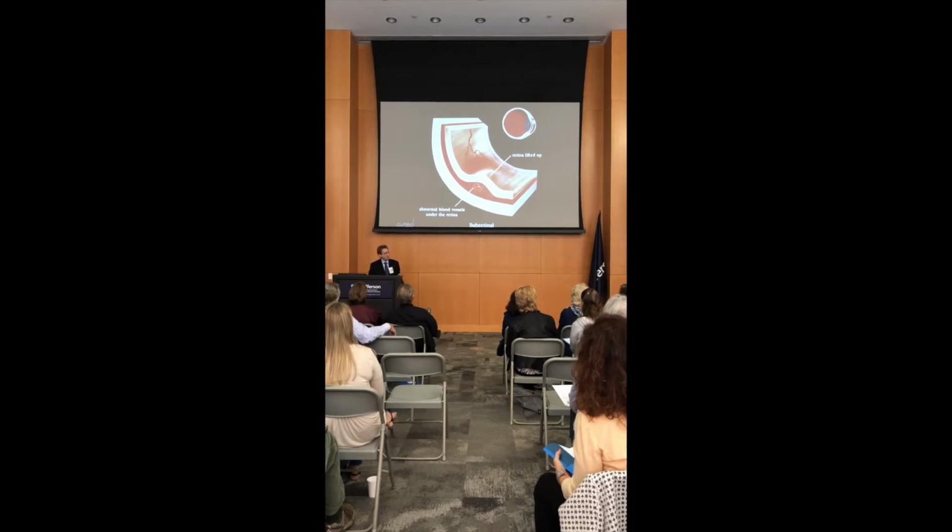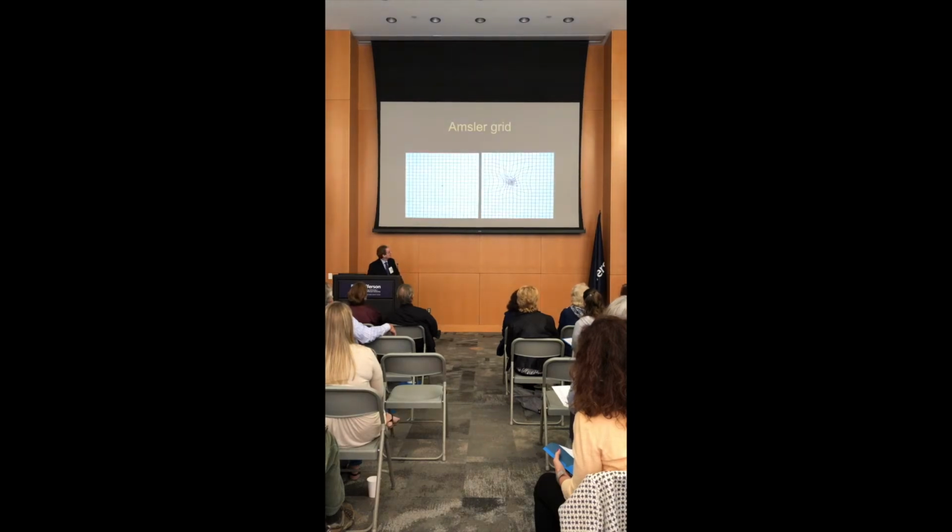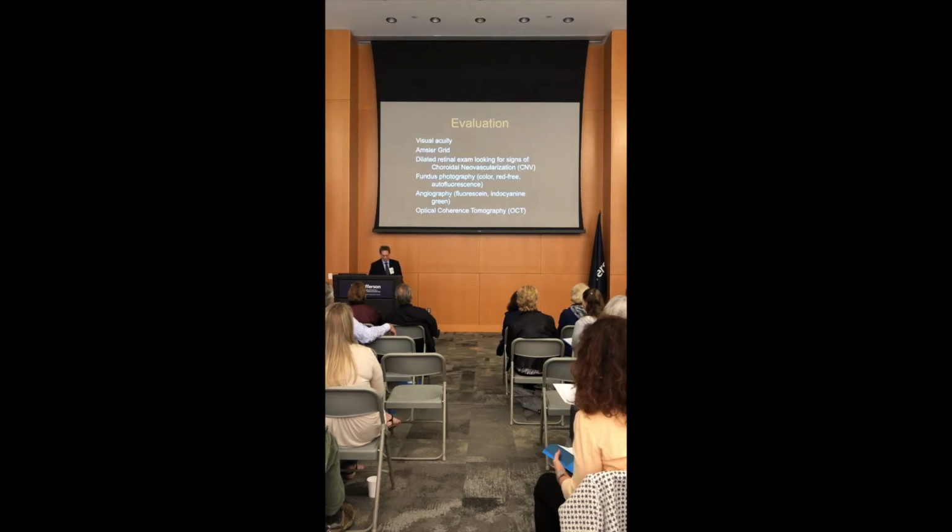And when they leak, the retina becomes swollen and elevated, and the patient experiences distortion of the vision or blurry vision. That's an early sign of an eye problem that requires evaluation and possible treatment. We ask patients to look at a grid, one eye at a time, perhaps once or twice a week, to look for any distortion, or what we call medically metamorphopsia.